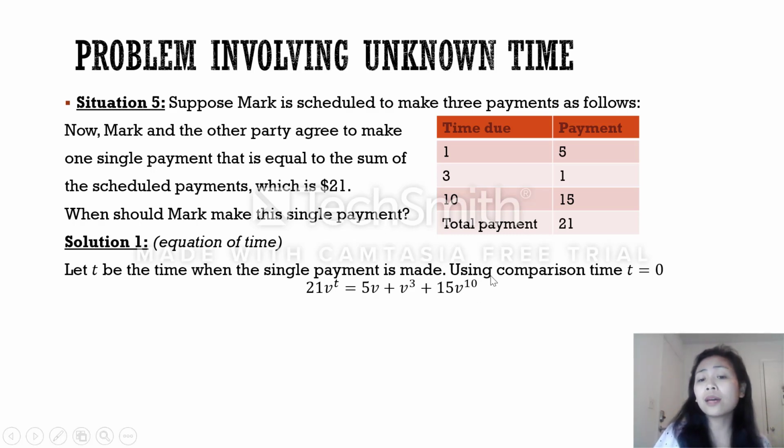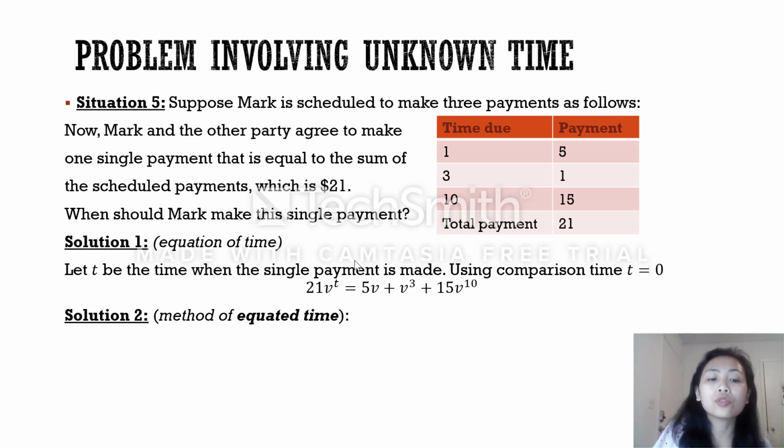And $15 from time 10 brought to time 0, you multiply by v to the 10, where v is (1 plus i) to the negative 1. When you write out this equation, you realize that it cannot be solved because we don't know v and we don't know the interest rate. So sometimes the equation of value fails to find the approximate time t.